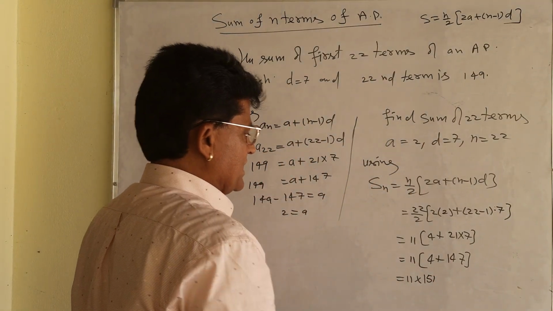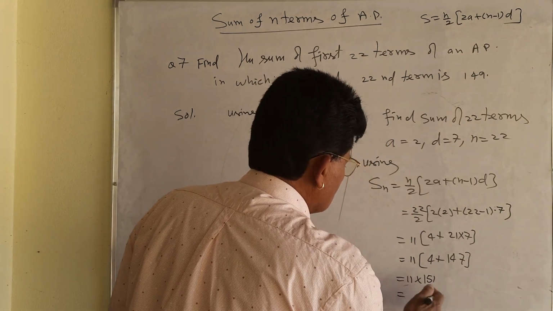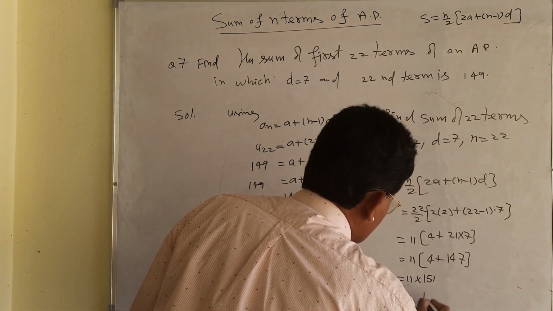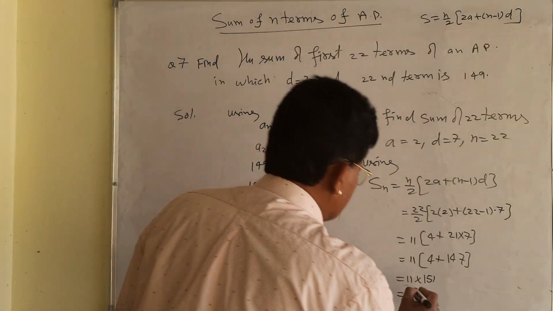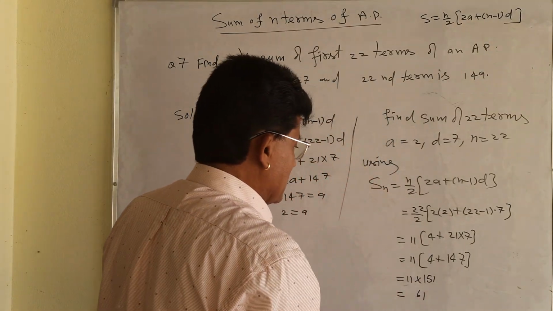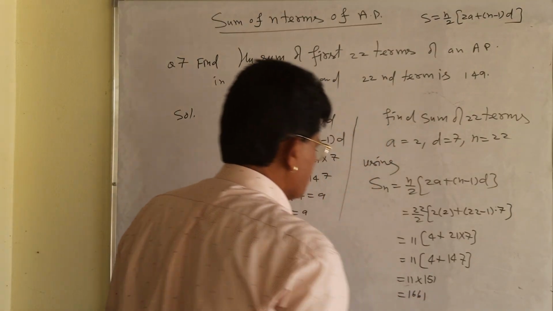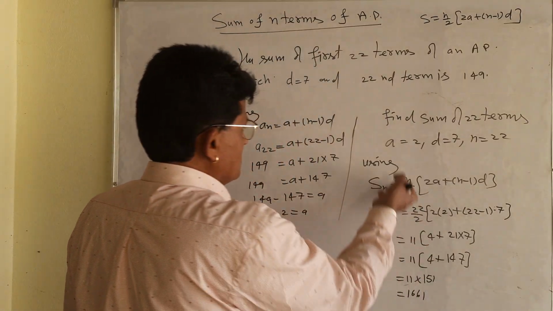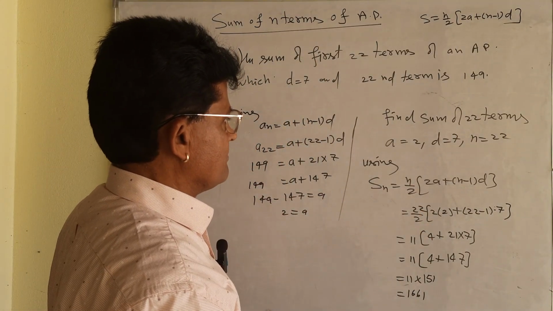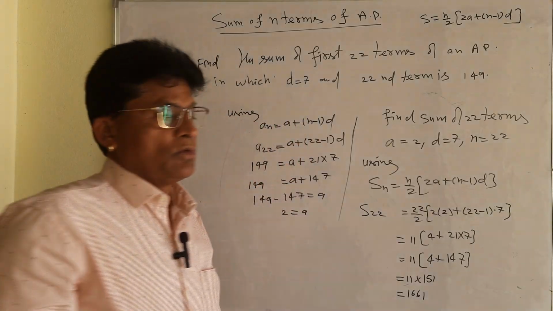Okay, and it will be equal to how much? You multiply 11 by 151. 11 1 11, 11 5 55, 56, 6, 5 in hand. 11, 11 plus 5, 60. This will be the sum of 22 terms, you can write as 22.